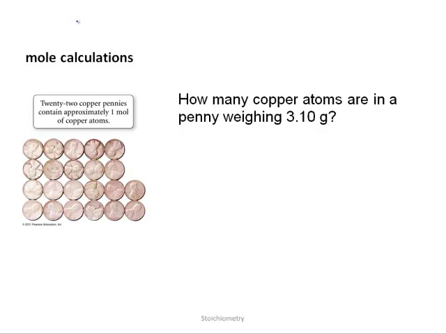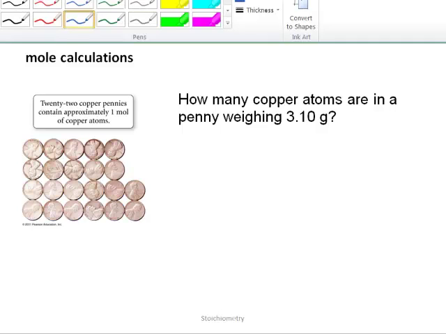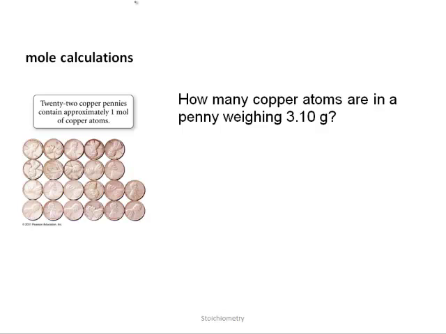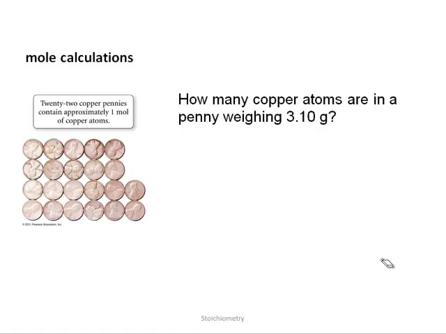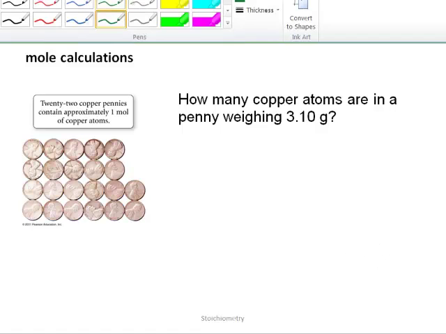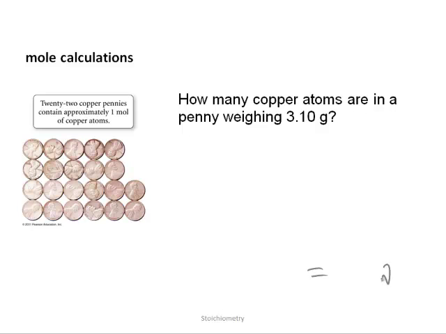Okay, what we're going to do is now use both of those conversion factors for grams to moles and moles to atoms. So our final answer, we want atoms of copper. So we are going to write that as our final units.